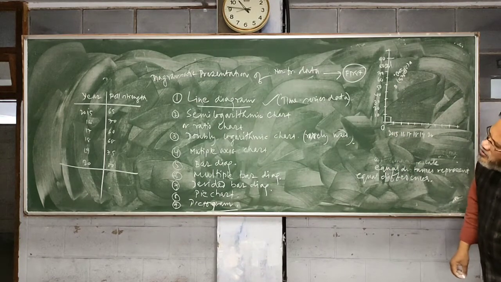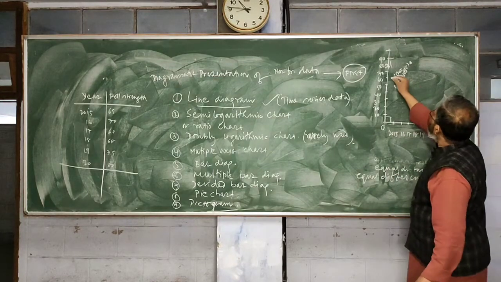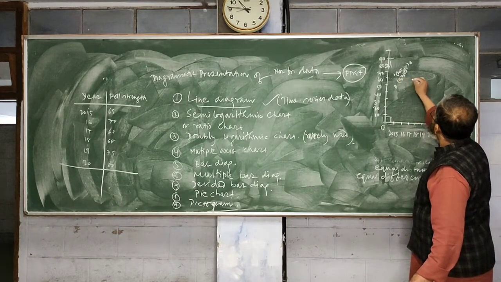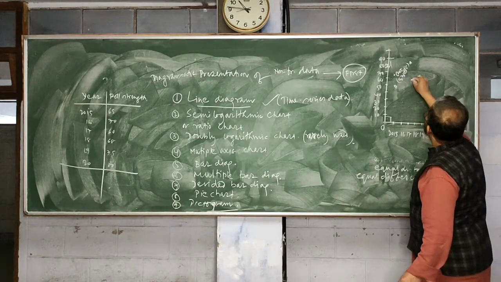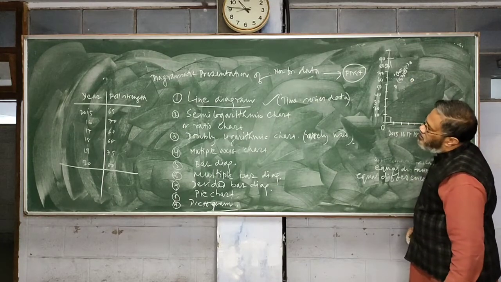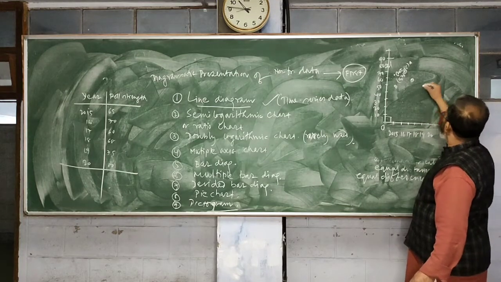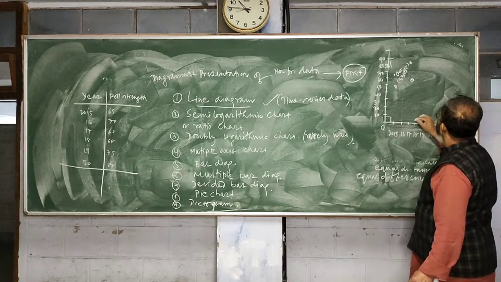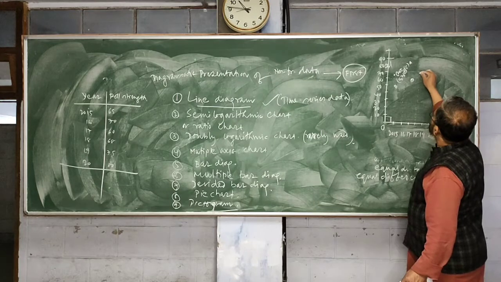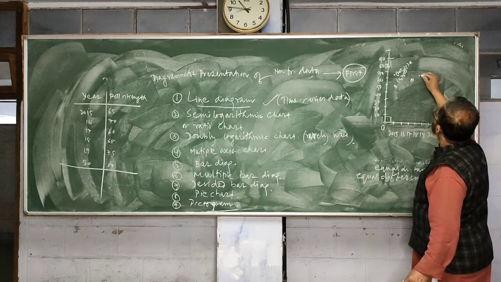Then 17, here 17, the data is again 60. Somewhere there, this is a point. Then 18, 18 is 68. 68 is just below 70.